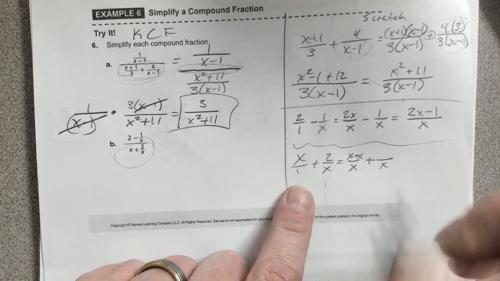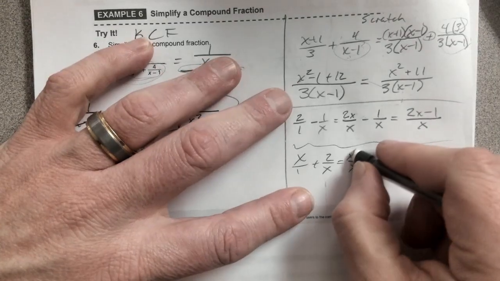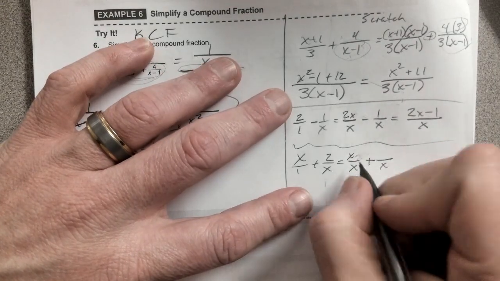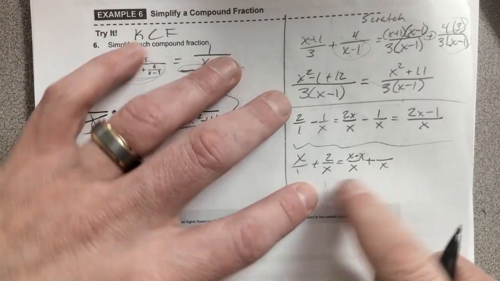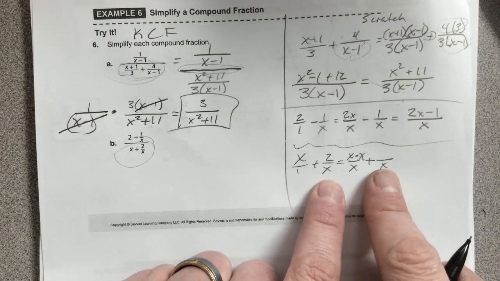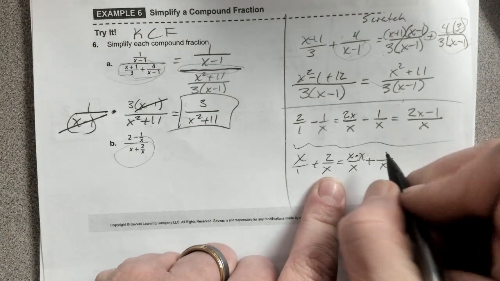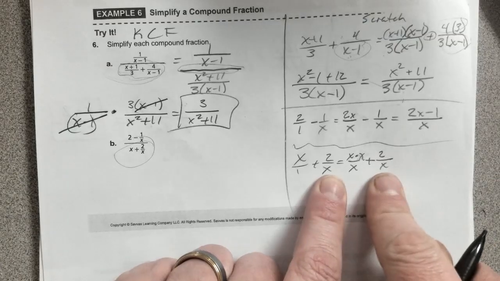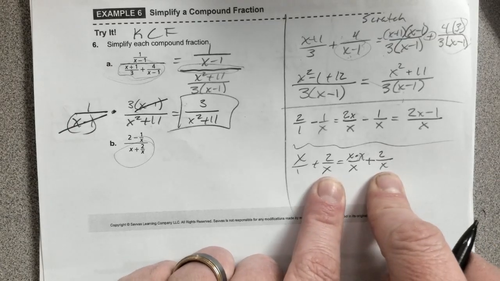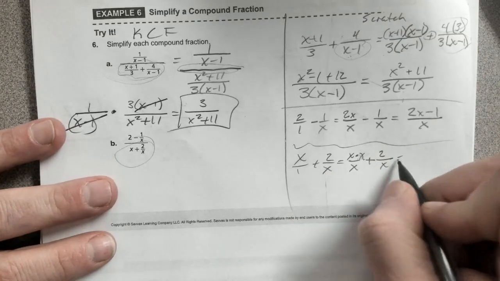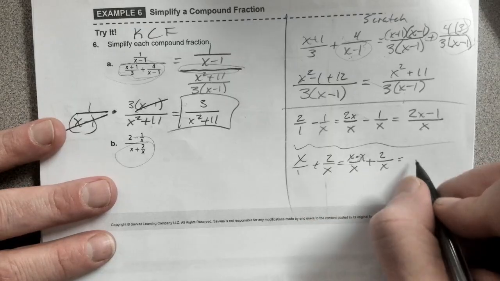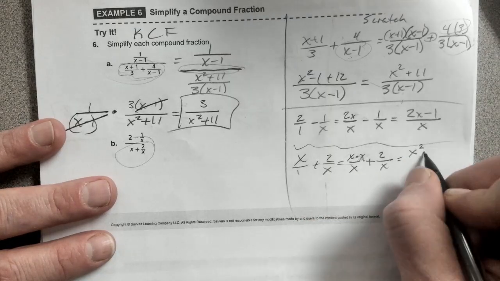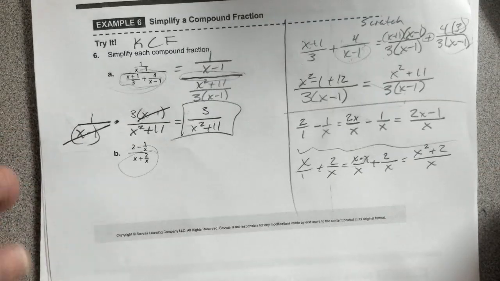That was right. For the second fraction, the original numerator is, and what factor did we gain? Nothing. Good. So cleaning this up, easy. X times x is x squared plus 2 all over x.